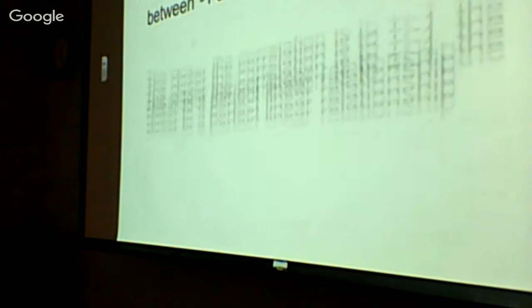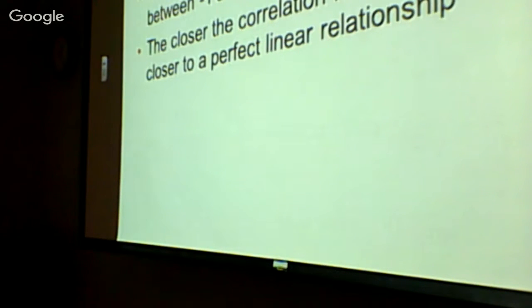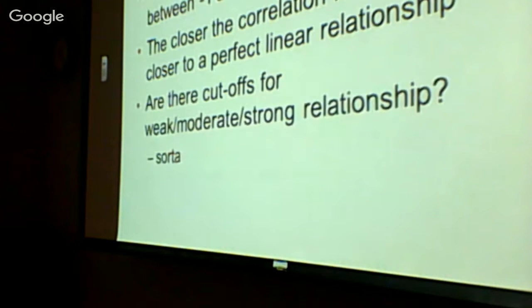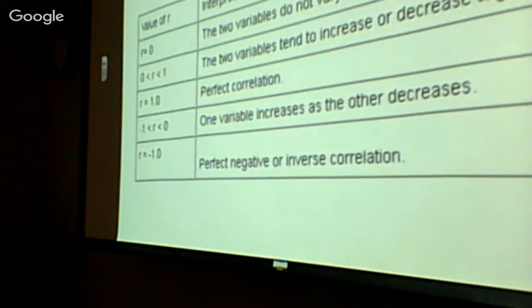So how do we interpret the number? We know that it's always between -1 and +1. And the closer it is to unity in either direction, the closer it is to a perfect straight line. But are there cutoffs to determine what determines a good relationship versus a weak relationship versus a pretty good relationship? Yeah, sort of. There's sort of cutoffs. So here's a summary of the guidelines here.